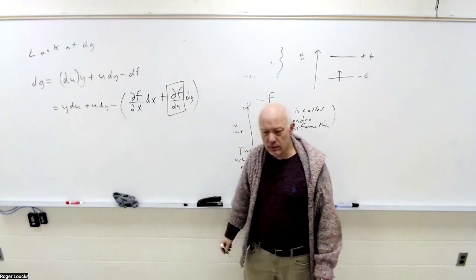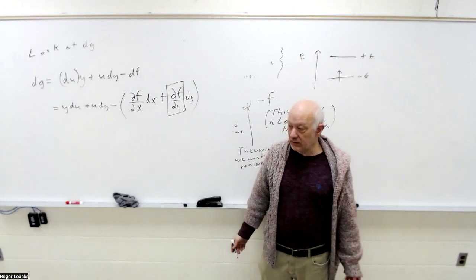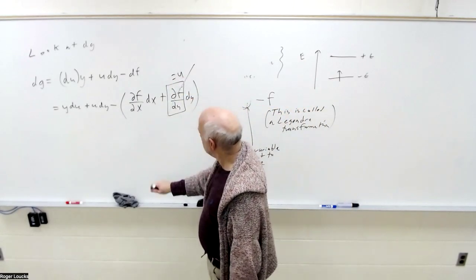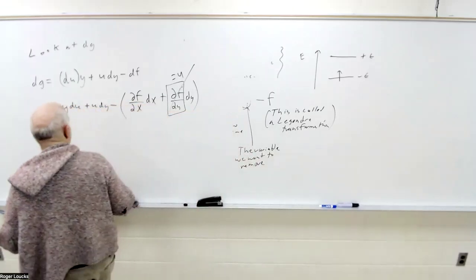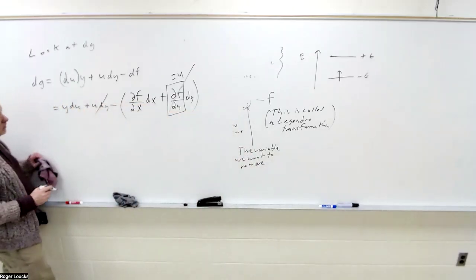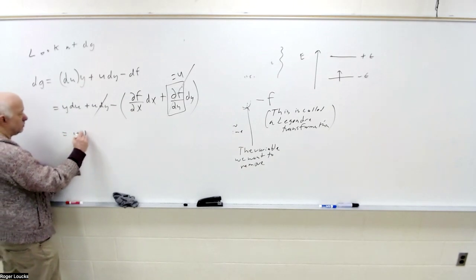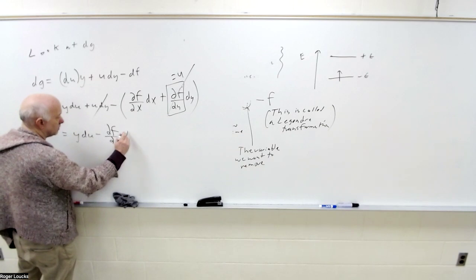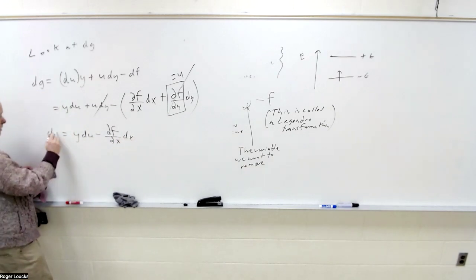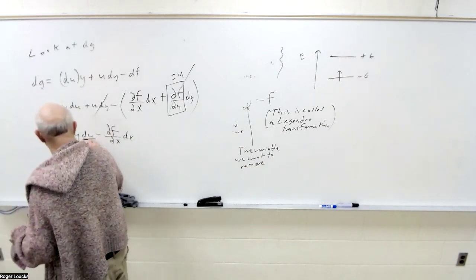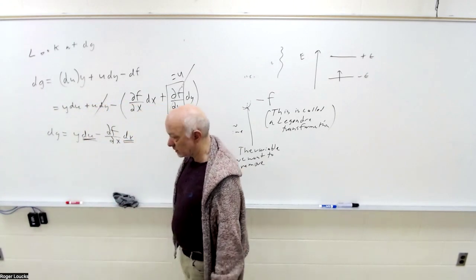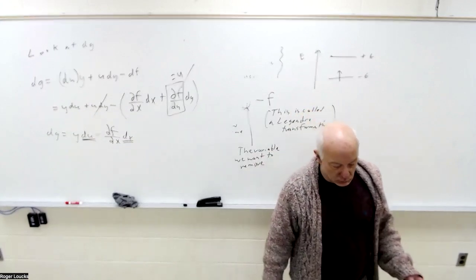Partial of f with respect to y, that's our new buddy, u. So that term cancels that term here. This gives me y du minus the partial of f with respect to x times dx. What we have is that the variation is occurring in u and in x, which is what we wanted.